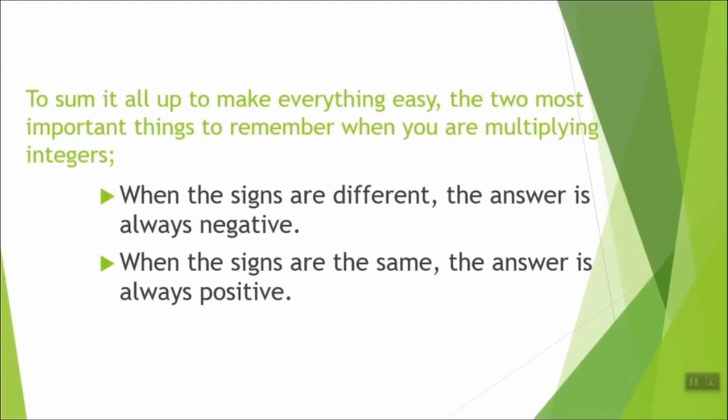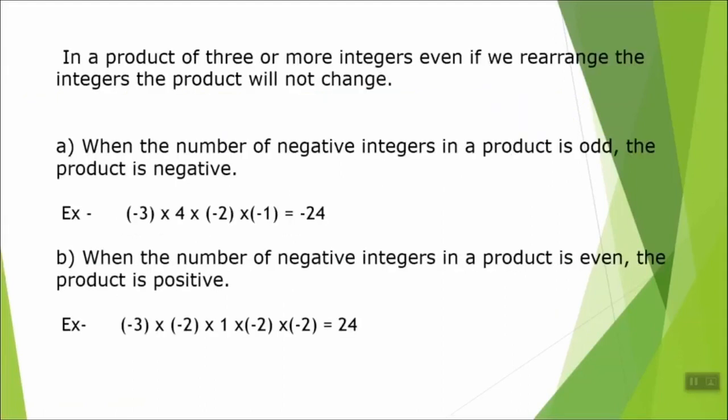So this rule is the same if you extend it for more than two integers. Like if in a product of three or more integers, even if we rearrange the integers, the product will not change. If the number of negative integers in a product is odd, the product is negative.